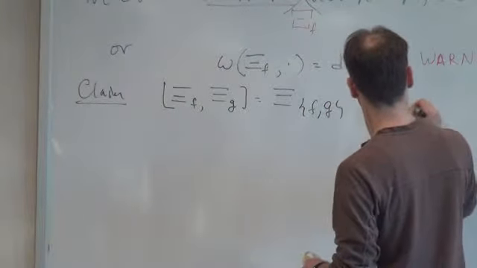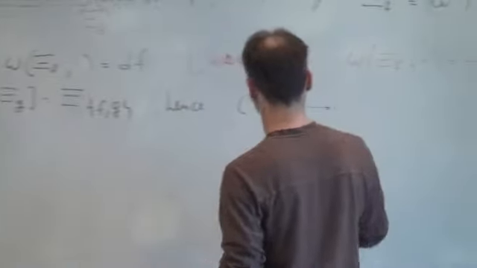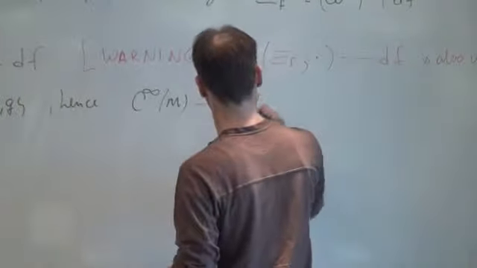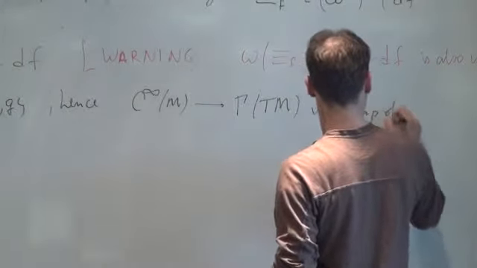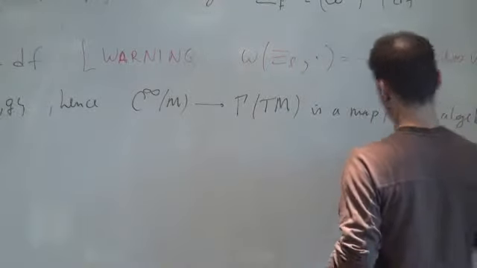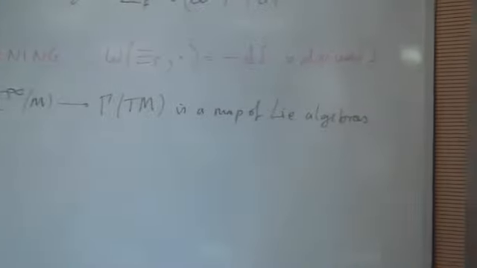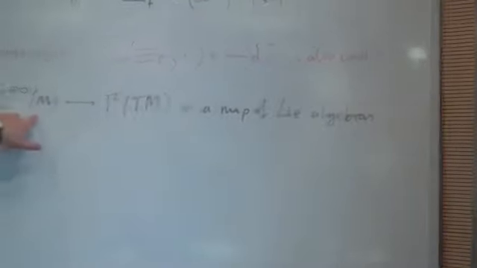Hence, the map from smooth functions to vector fields is a map of Lie algebras.